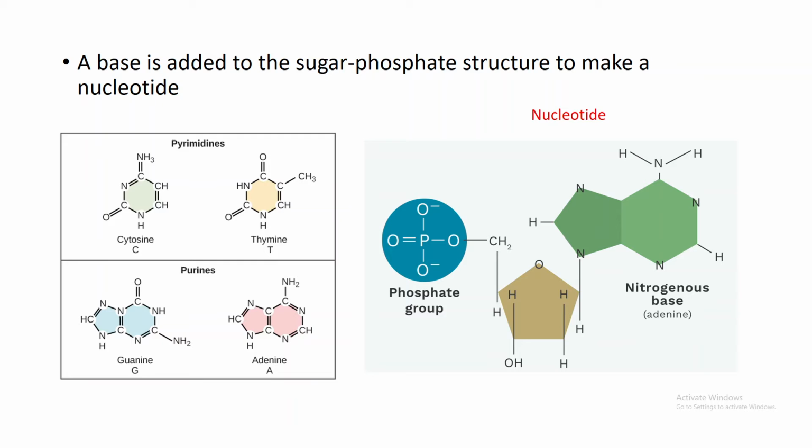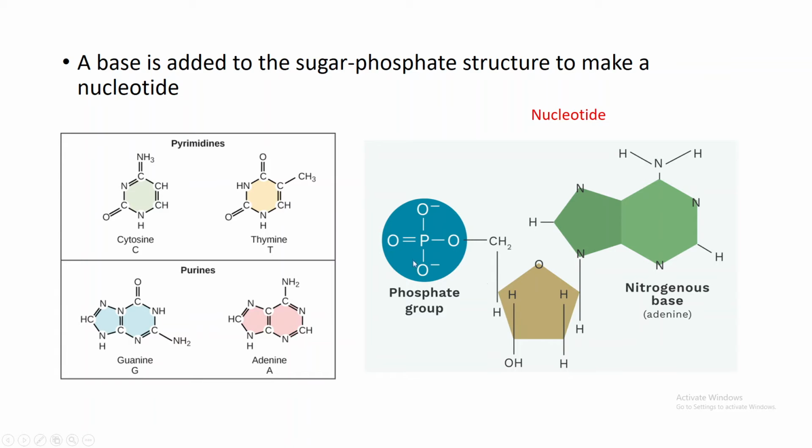And in the sugar and the phosphate group, a nitrogenous base is added. When a nitrogenous base is added, it forms a nucleotide. This is a deoxyribose sugar because it doesn't have oxygen here in carbon 2.